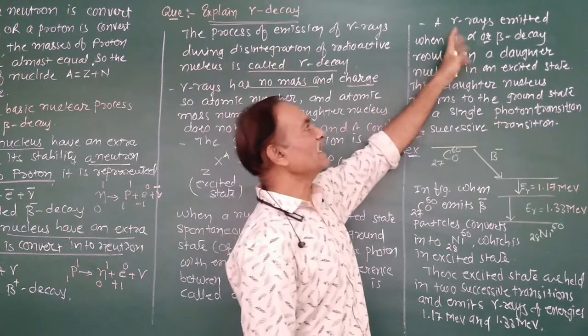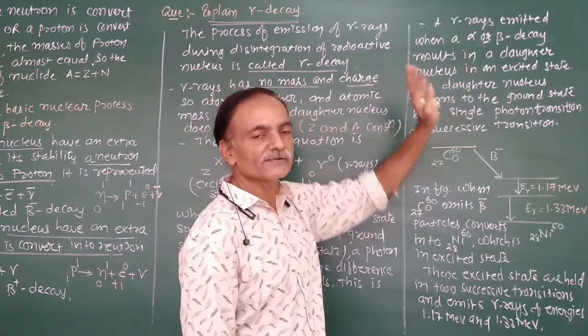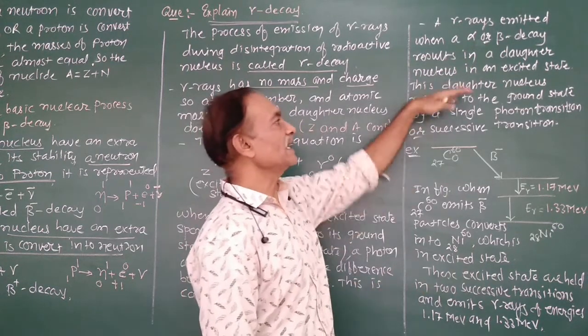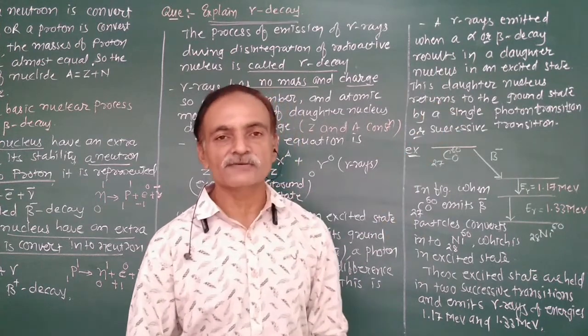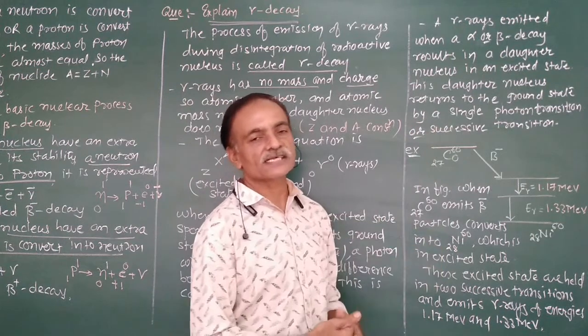Again, a gamma ray is emitted when alpha or beta decay results in a daughter nucleus which is in an excited state. This daughter nucleus returns to the ground state by single photon transition or successive transition.